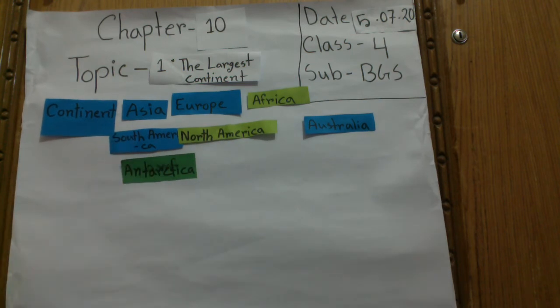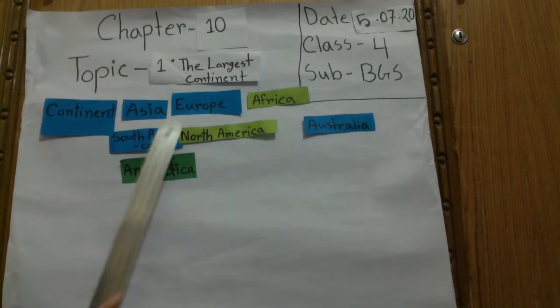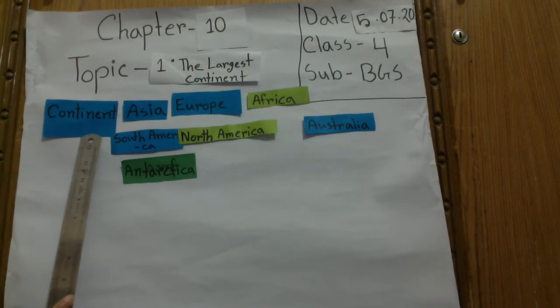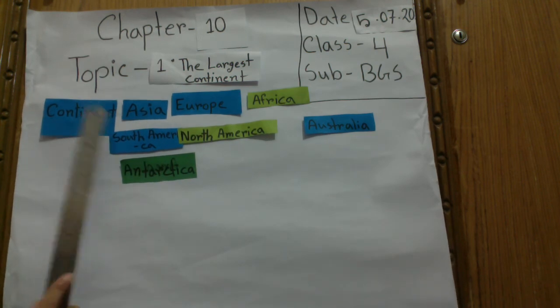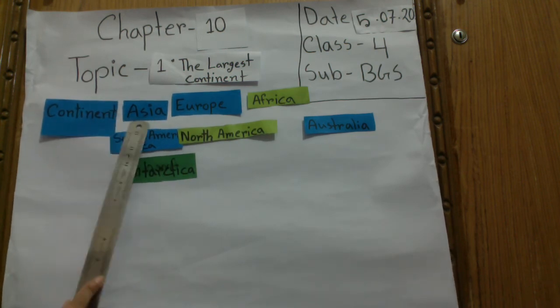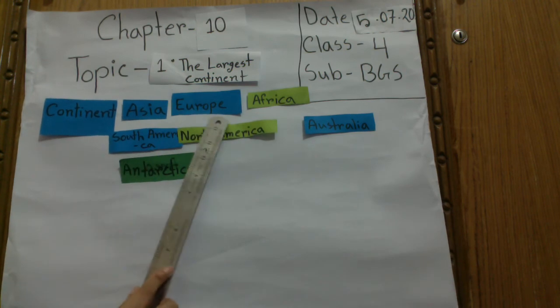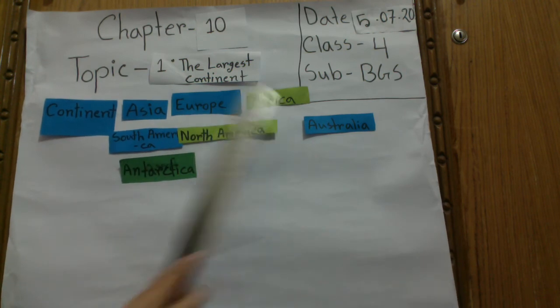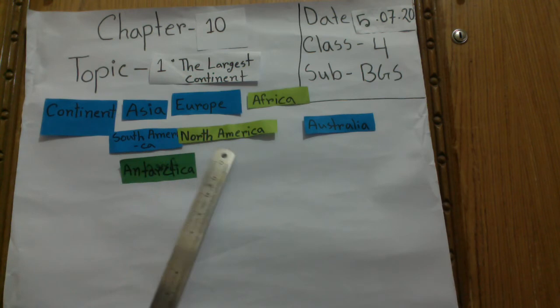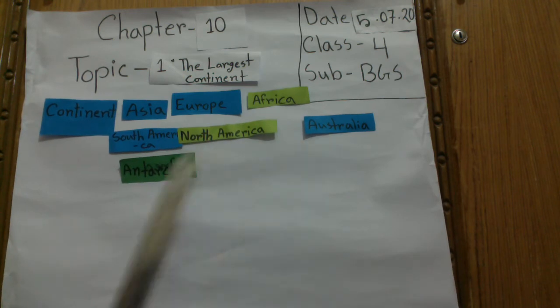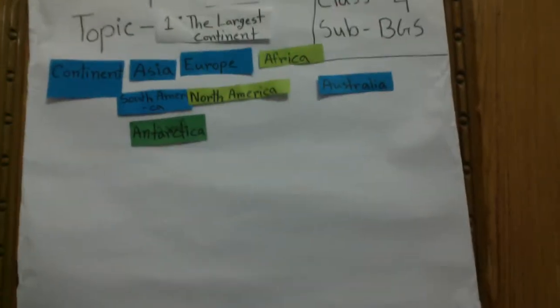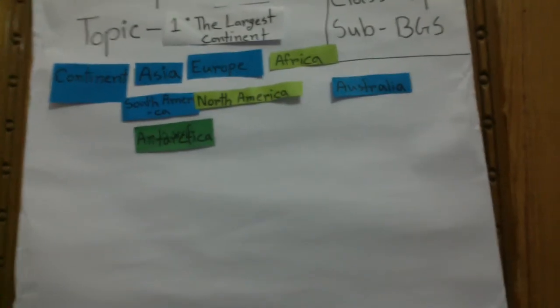This is the name of the continents. How many continents are there in the world? 7 continents. What are they? Asia, Europe, Africa, South America, North America, Australia, and Antarctica. This is the name of the continents. Can you see it?